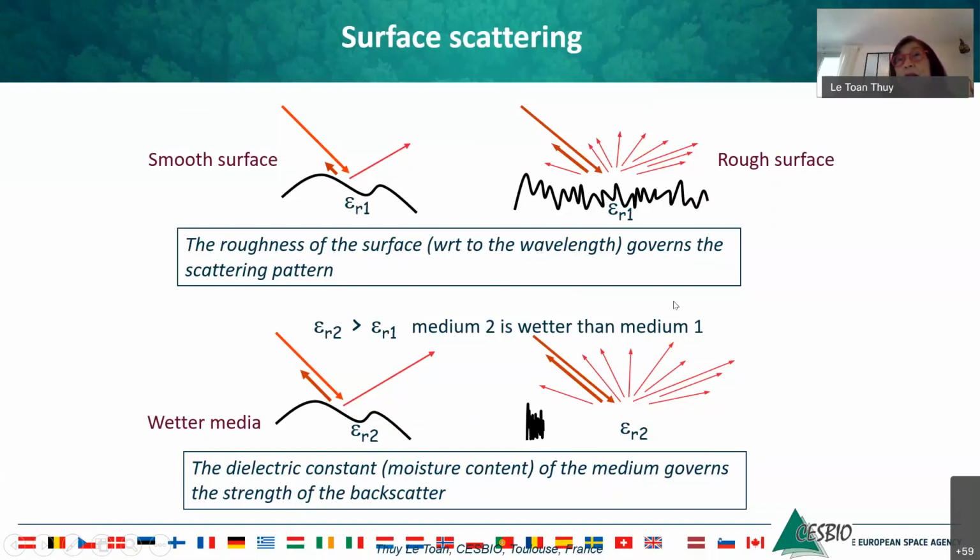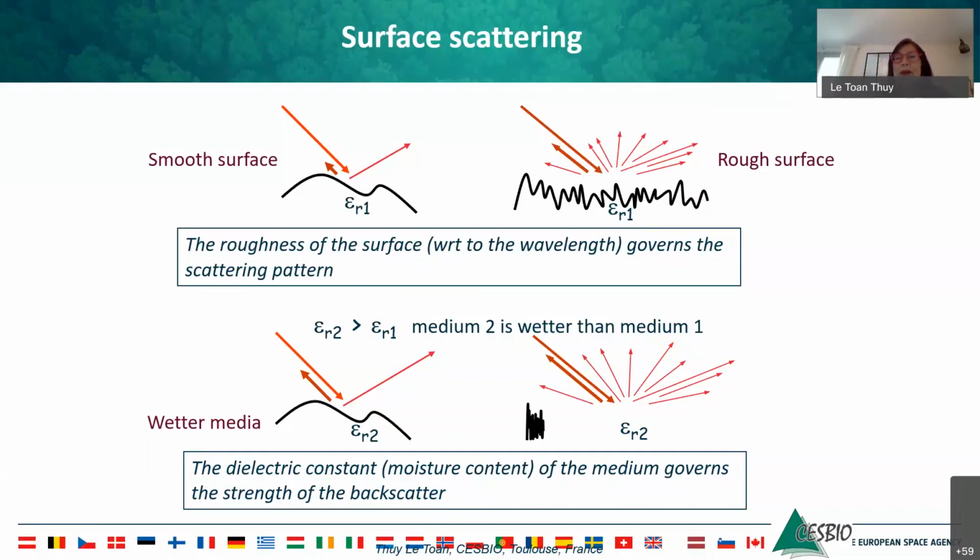If you have a 3 centimeter wavelength, a rough surface seen by the X-band can be a very smooth surface seen by the L-band or P-band.